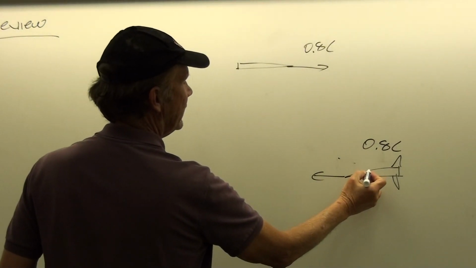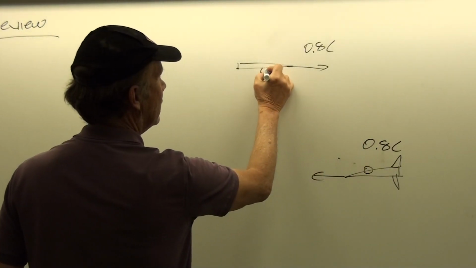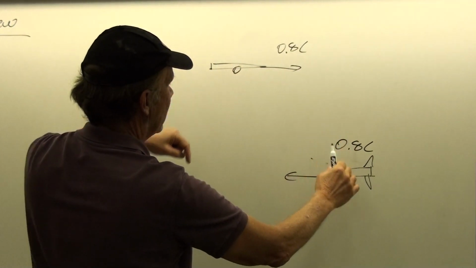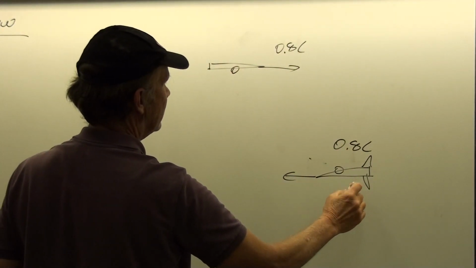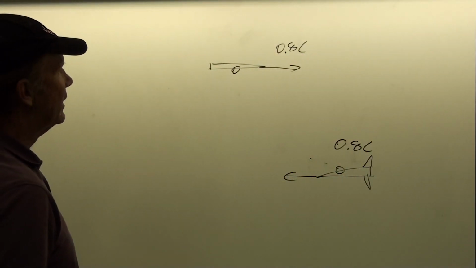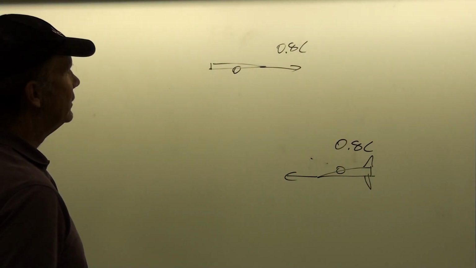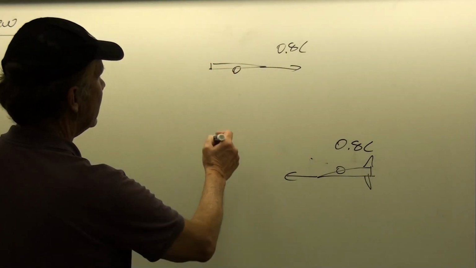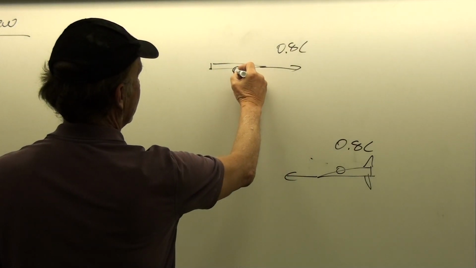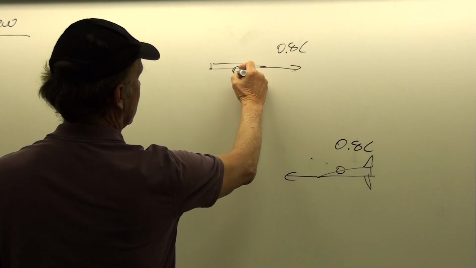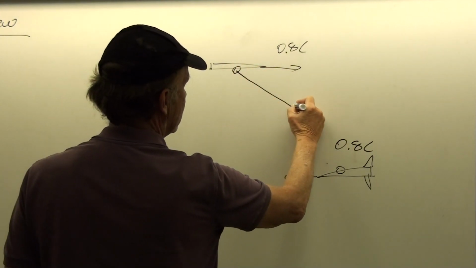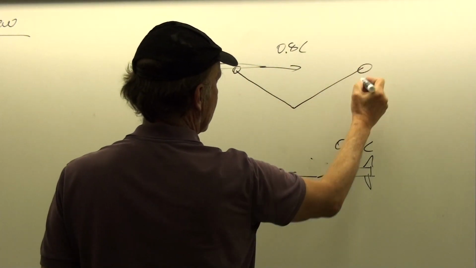And they each throw a ball straight away from the ship in such a manner that, if we were to look at it from the point of view of someone that's stationary relative to these rockets, the ball would move along this kind of a path and then come back to the rocket.